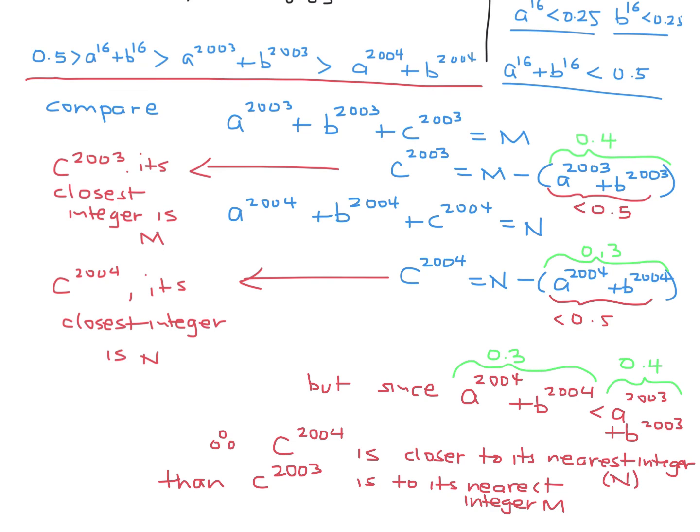So that means that exactly what I wrote here, that c to the power of 2004 is closer to its nearest integer, in this case only 0.3 away, than c to the power of 2003 is to its nearest integer, in this case about 0.4 away. And that pretty much concludes this very challenging question.